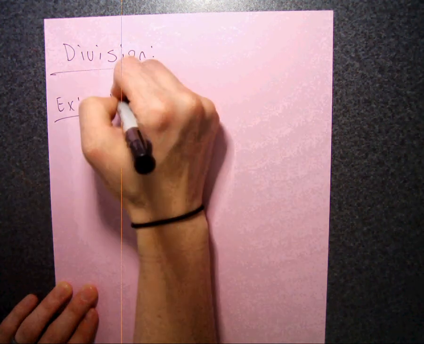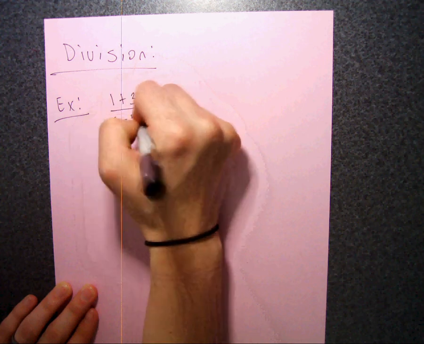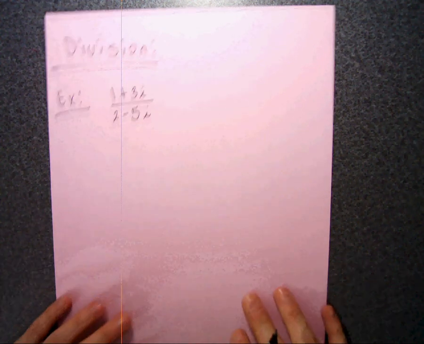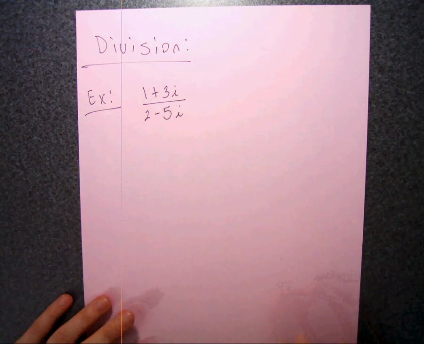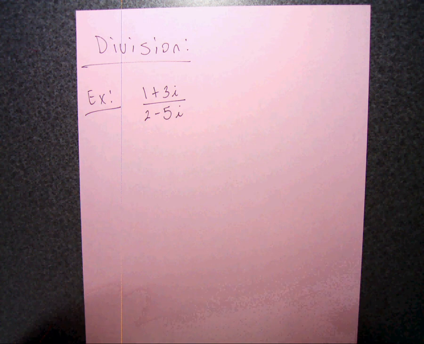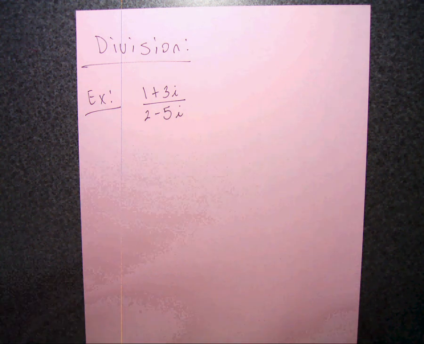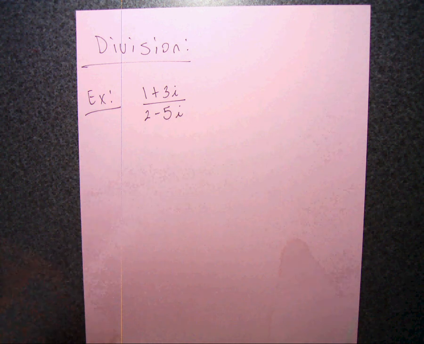Alright, so let's say I want to divide 1 plus 3i by 2 minus 5i. In order to divide two complex numbers, I'm just going to multiply the numerator and the denominator by the complex conjugate of the denominator. So all that says, complex conjugate of the denominator, what's it going to be? 2 plus 5i, right?